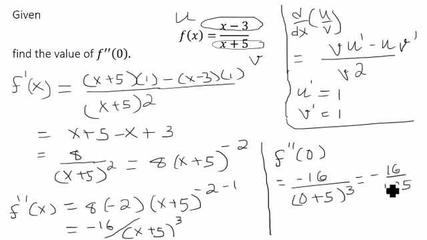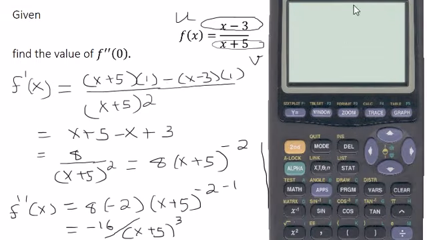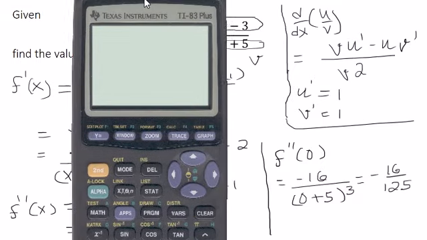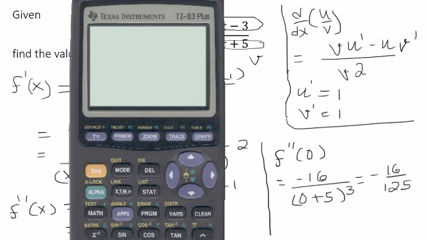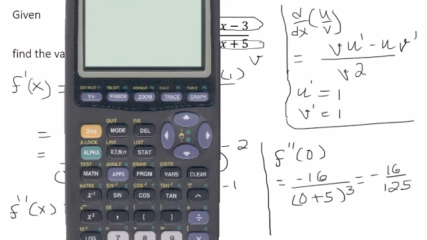So that's the answer. But if you want to change it into a decimal, the decimal value is going to be, let's see if we can find the decimal value here. So that's going to be 16 divided by 125.